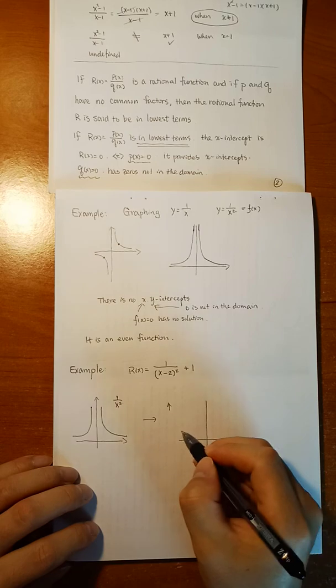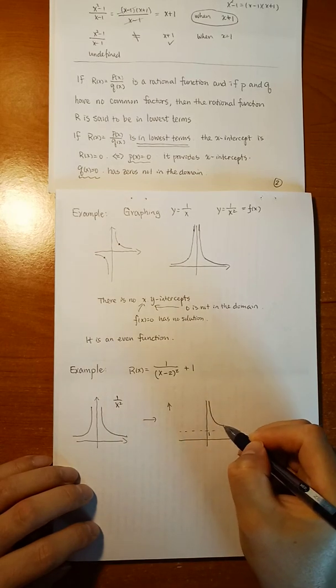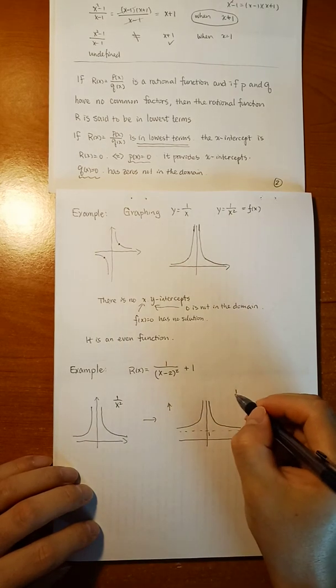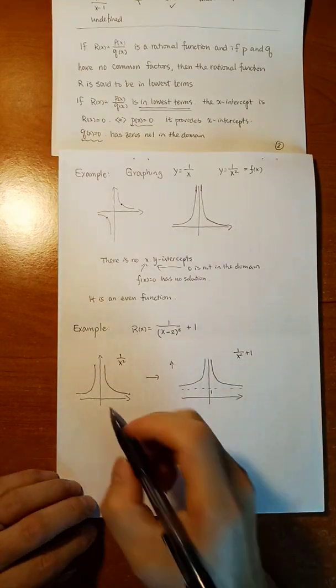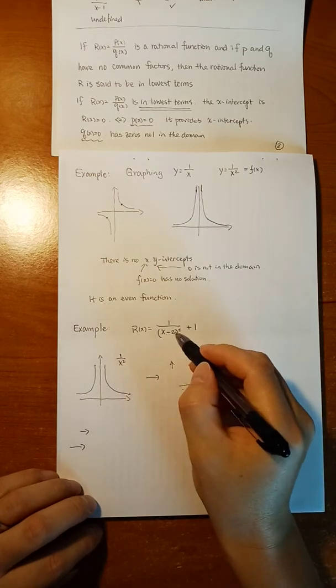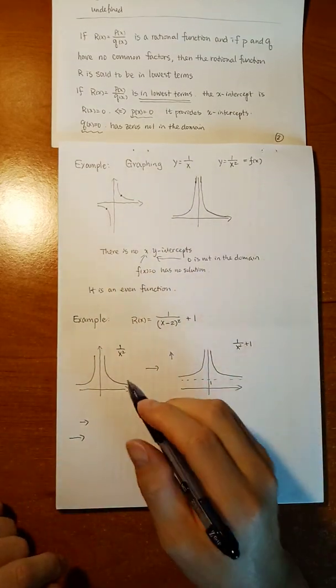This is 0, 1 unit up, this is 1. Okay, this becomes 1 over x squared plus 1. And then we are going to shift it to the right. It's x minus 2, so you're going to horizontally shift it right 2 units.